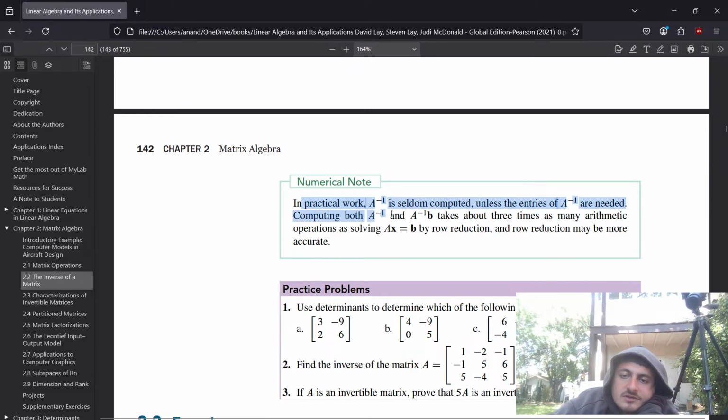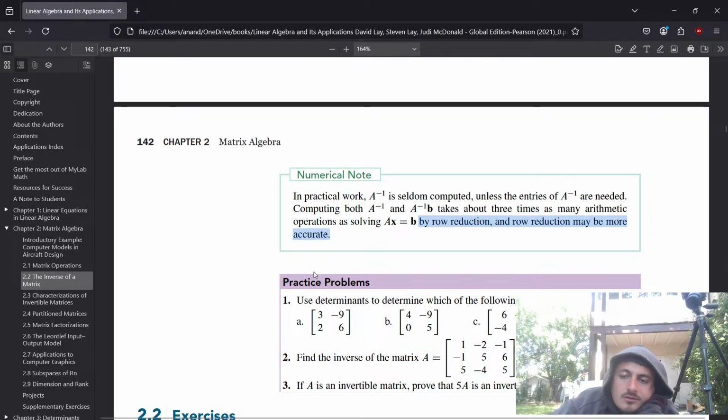Computing both A inverse and A inverse B takes about 3 times as many arithmetic operations as solving AX equals B by row reduction, and row reduction might be more accurate. Okay.